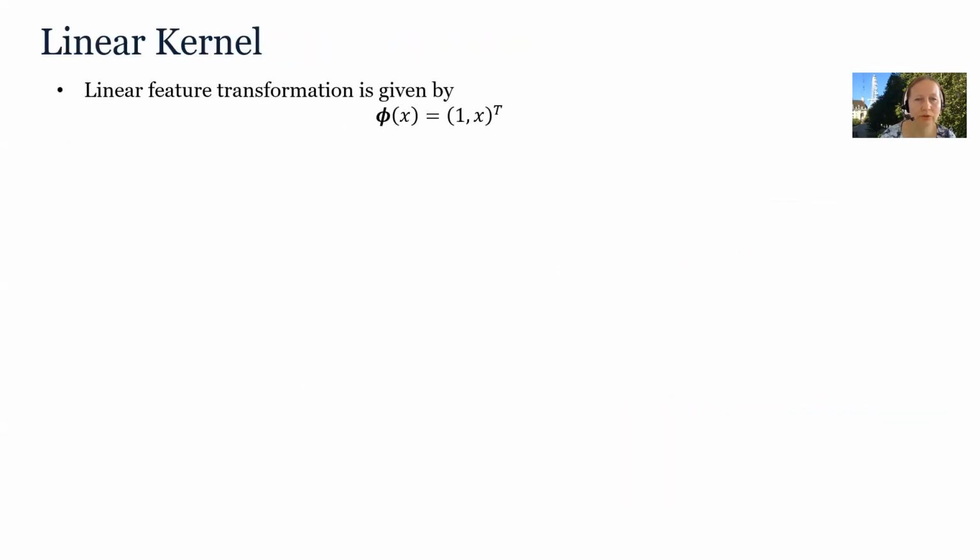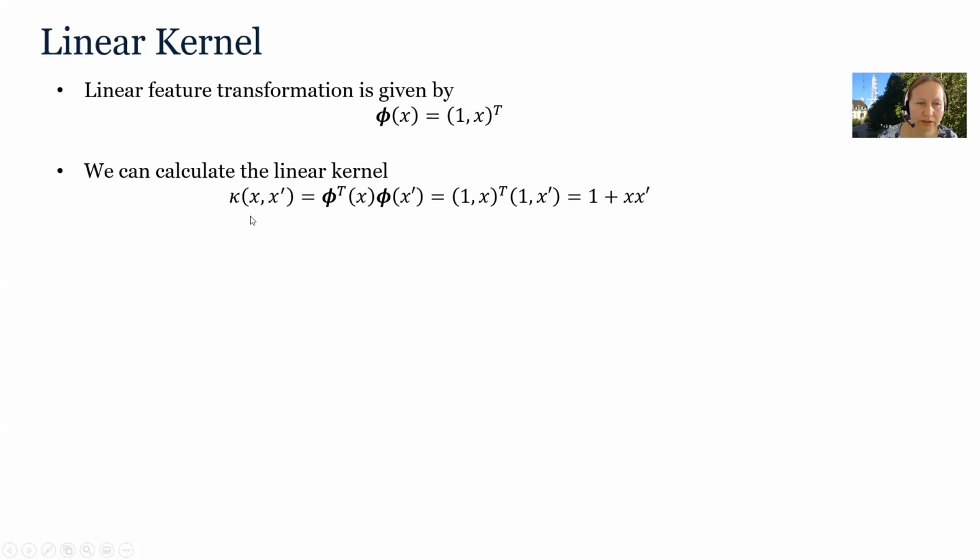Now let's have a look at some other kernels. In some cases we can calculate them, for example, the linear kernel. It is because we know the linear feature transformation. It is given by a vector (1, x), for a single feature x. And we can then directly calculate the kernel.